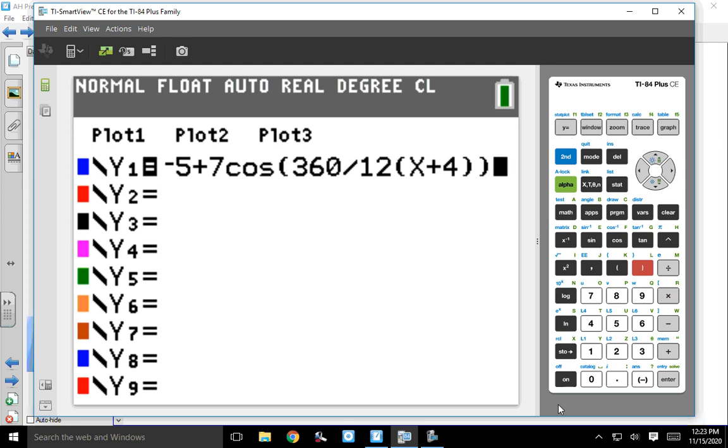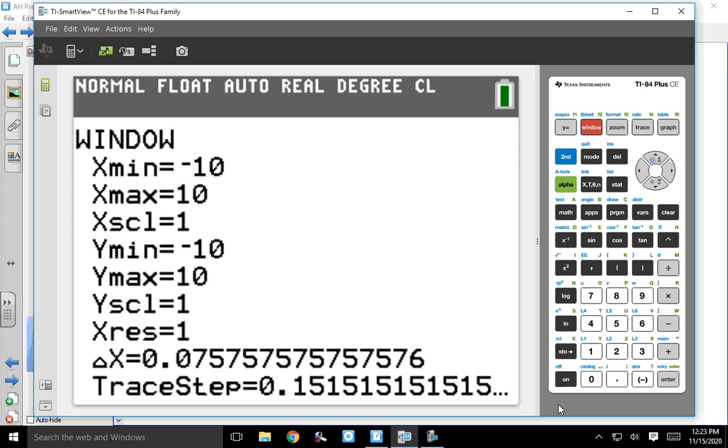All right, now I'm going to use the window we sketched to help us get a nice window to show this in. If you go to your window, on our sketch, horizontally, we marked where the phase displacement was, at negative 4. And the period was 12. So 12 units to the right of that would be at positive 8. So I'm just going to look at just one period of this.